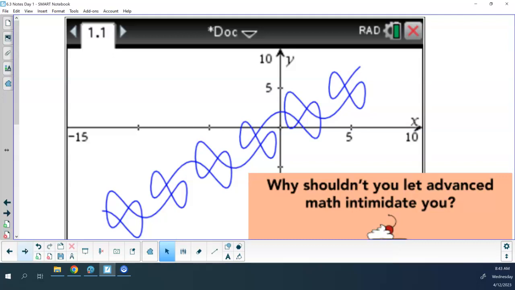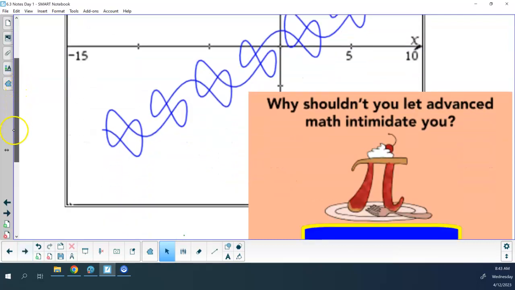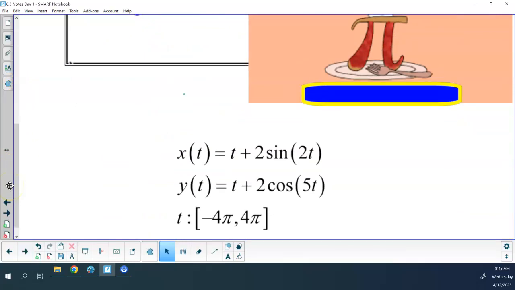It's smart. It's a beautiful parametric equation that we will be able to graph here. You'll be able to graph this within the next half hour. We won't get to it, but we'll do more of this kind of stuff tomorrow. So here is the parametric function of that graph.